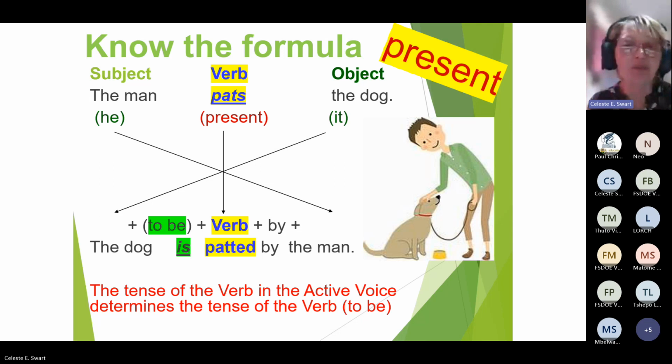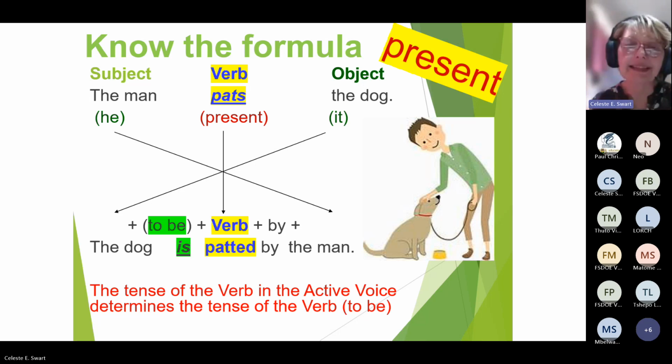So now we know that we must have the correct form of the word. We see that it's present tense. Now we know that the verb has to be in the correct form. But now remember, what have we done? We have swapped the man and the dog around. So the dog is, is the correct form of the verb to be.